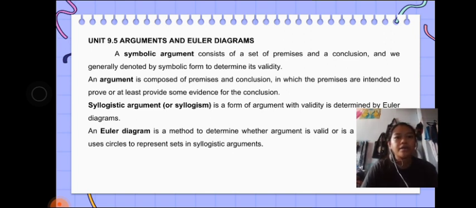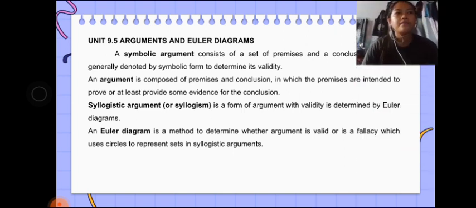A syllogistic argument or syllogism is a form of argument whose validity is determined by Euler diagrams. An Euler diagram is a method to determine whether an argument is valid or is a fallacy, which uses circles to represent sets in syllogistic arguments.